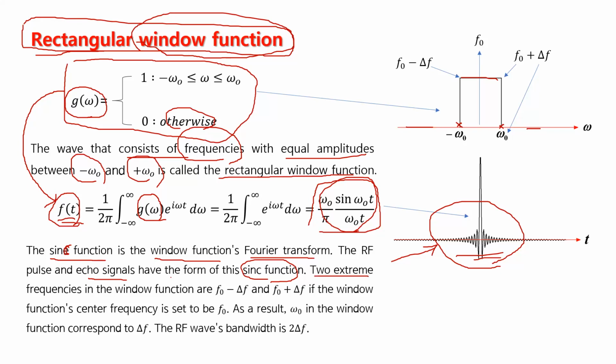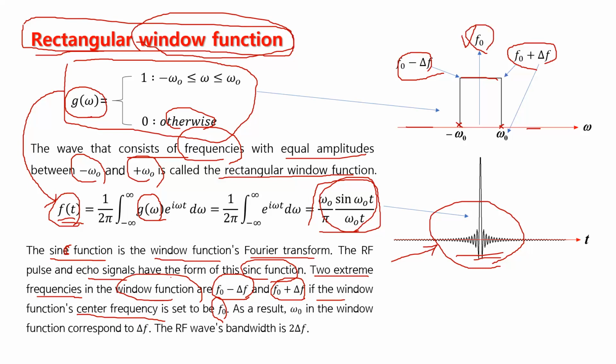Two extreme frequencies in the window function here are f0 minus delta f and f0 plus delta f, if the window function's center frequency is set to be f0.